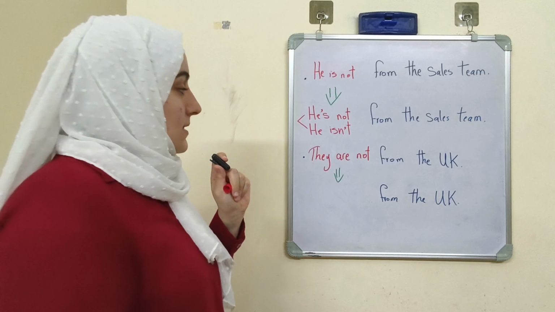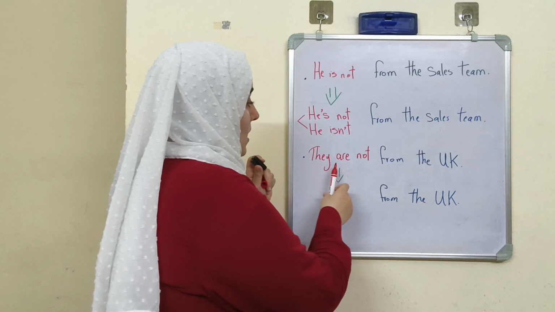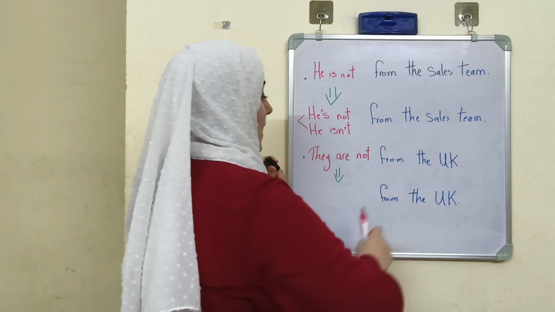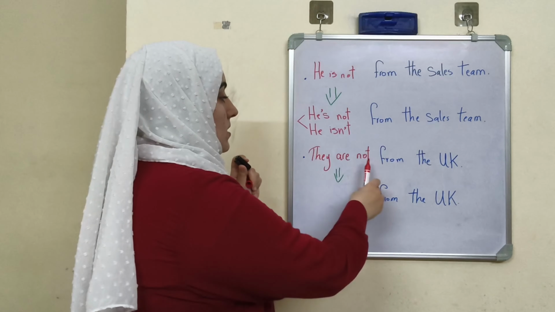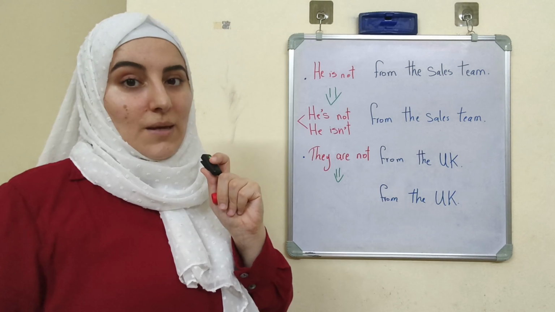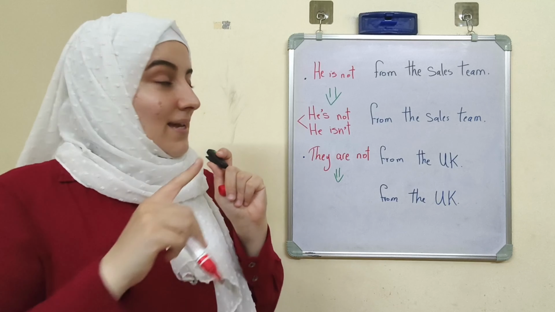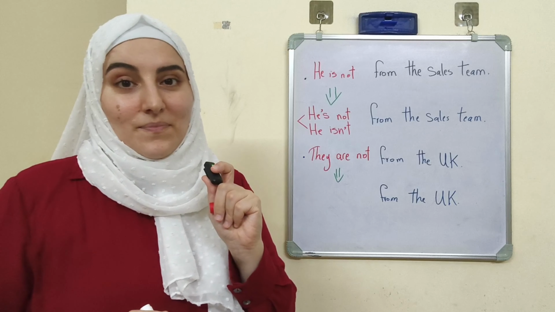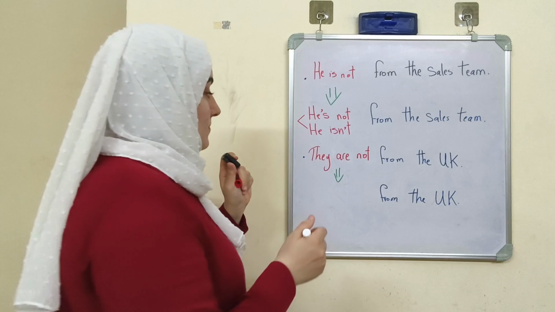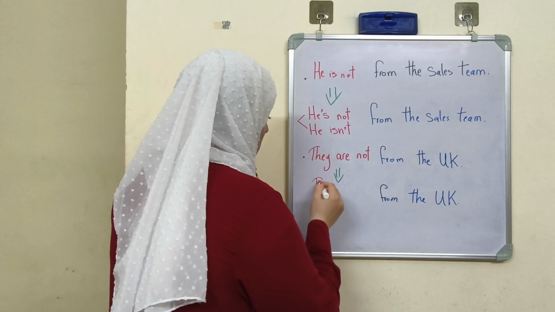Now the next example, they are not from the UK. They are not. Think about it. We can contract it in both ways, like he is not. The first one, they're not.